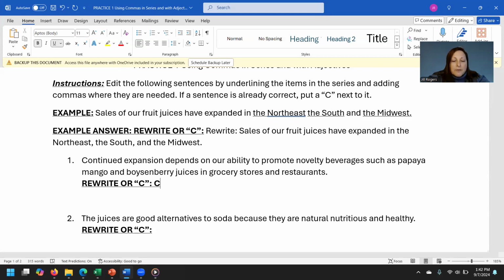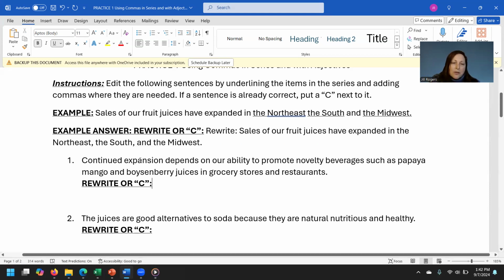But if it's not right, put rewrite and then rewrite the sentence correctly with the correct punctuation. That way it makes it much easier for me to correct it, instead of me having to look, and you not knowing exactly which pattern to use.